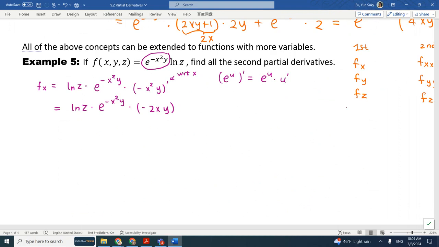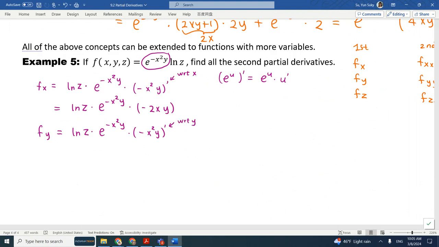And let's look at partial f, partial y. The first step is the same thing. ln z is like a number, and then the derivative of e to the u is e to the u times u prime. Our first step is the same, so we copy the first step. But then this prime means what? Yes, right.